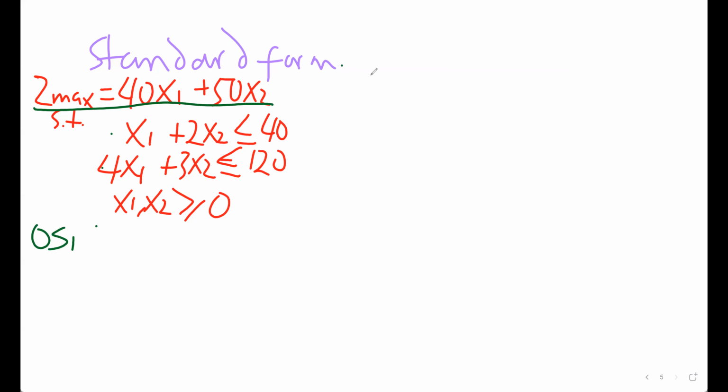If I'm writing the objective function, I'll write Z max equal to 40x1 plus 50x2 plus the slacks. And we all know that the number of slacks in this model is 2.